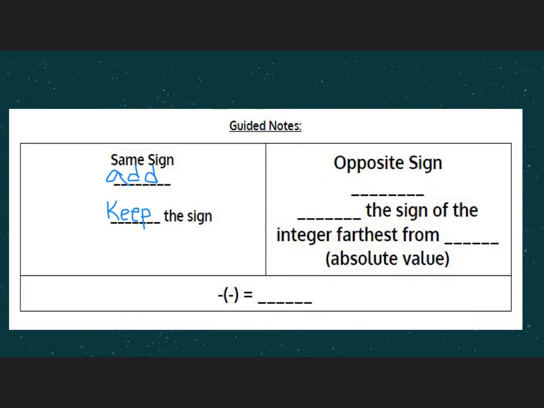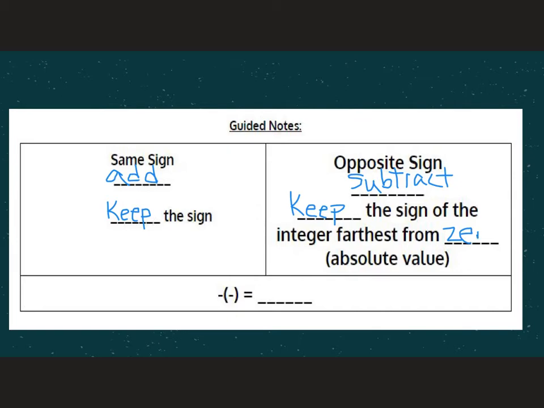If I have opposite integers, because they're opposite signs, and I know that a positive and a negative form a zero pair, I'm in essence going to be subtracting those two values, and I'm going to be keeping the sign of the integer that is farthest from 0.